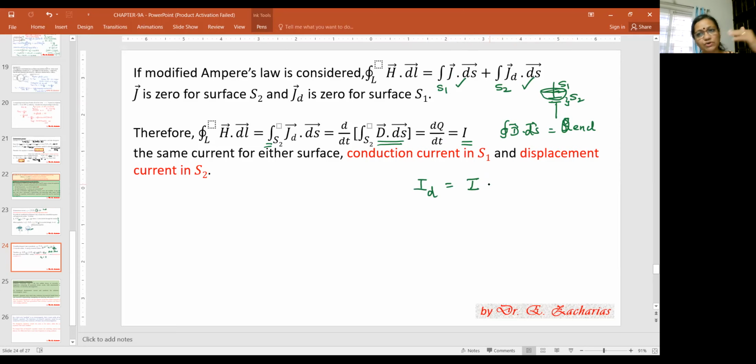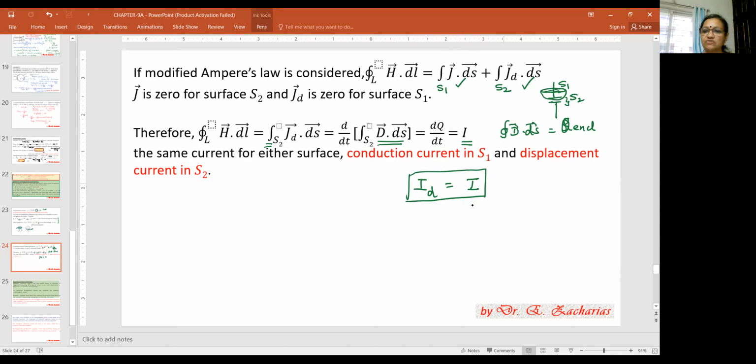In the conductor it is a conduction current, and in the dielectric part it is as if there is a continuous flow of charge, and that charge flow in the dielectric you call the displacement current. From the continuity of charges, or conservation of charges, you get ID equal to I.